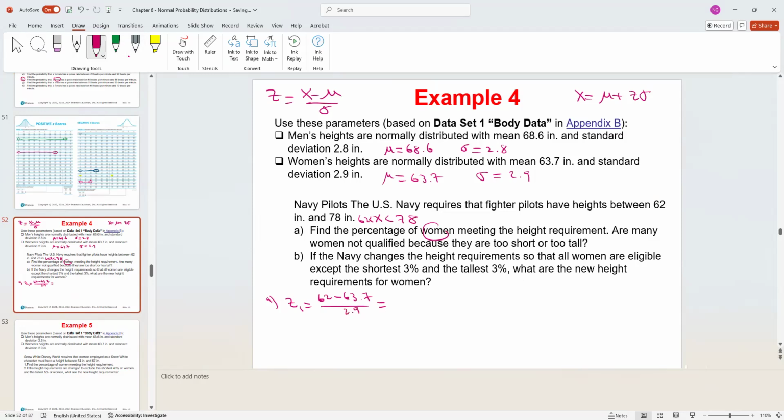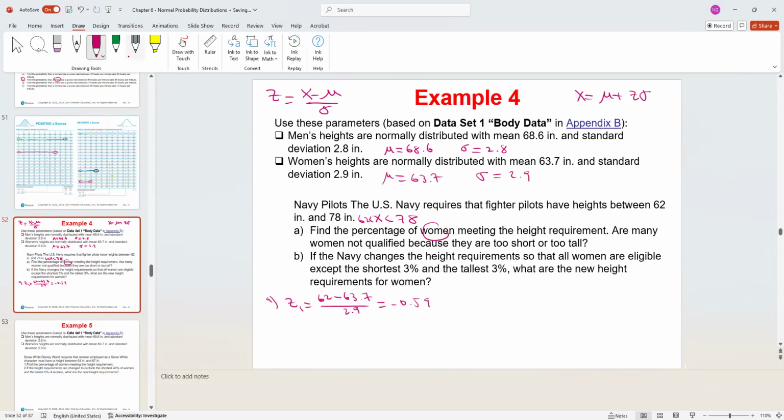So what this Z would be, because we need to do these examples using the Z, let's see what my calculator would give me. 62 minus 63.7 divided by 2.9, negative 0.59.